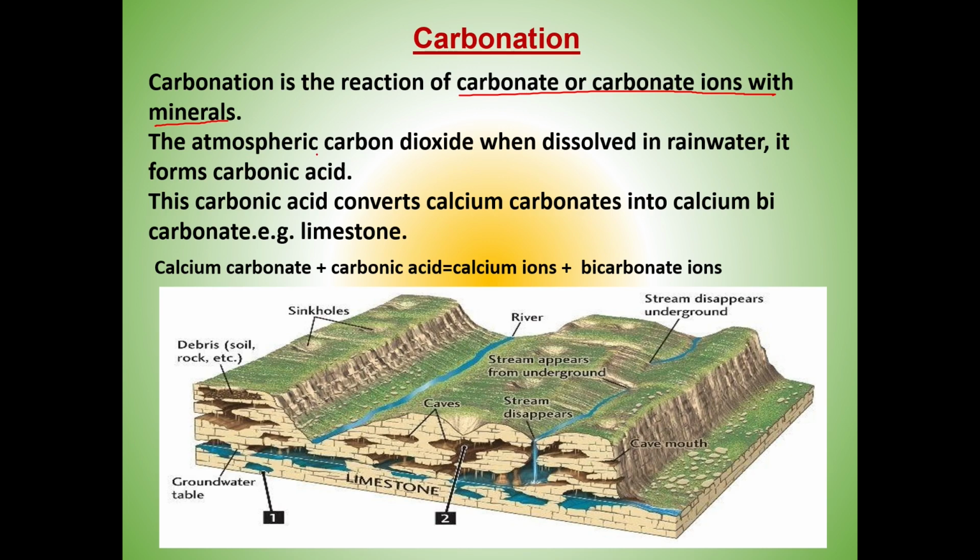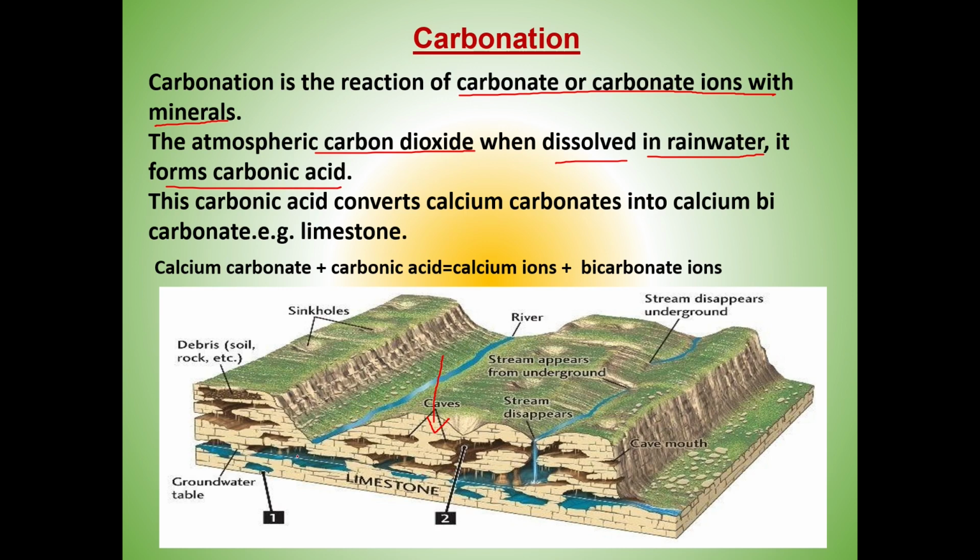Carbonation. Carbonation is the reaction of carbonate or bicarbonate ions with minerals present in the rock. Atmospheric carbon dioxide, when dissolved in rainwater, forms carbonic acid. This carbonic acid converts calcium carbonate into calcium bicarbonate.